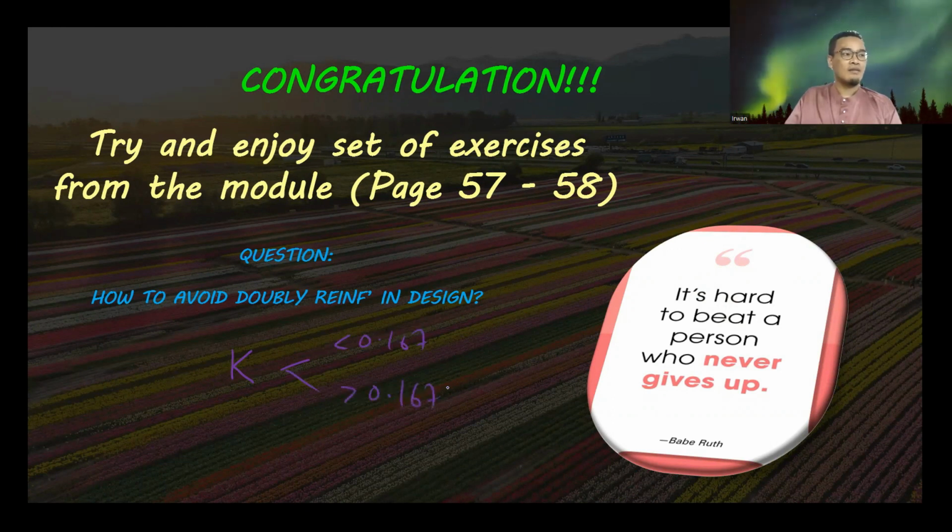So how to avoid doubly reinforced? Maybe you just want to calculate for singly reinforced, right? I leave it to you to think of the answer and do your research. I give you a clue: it depends on the K. So how to reduce or increase the K?